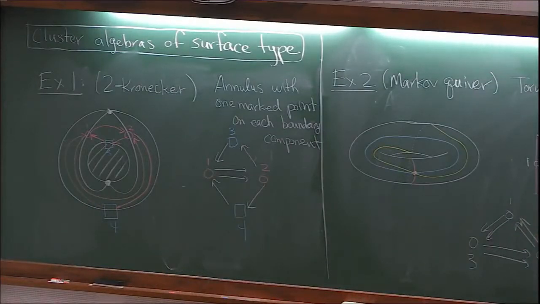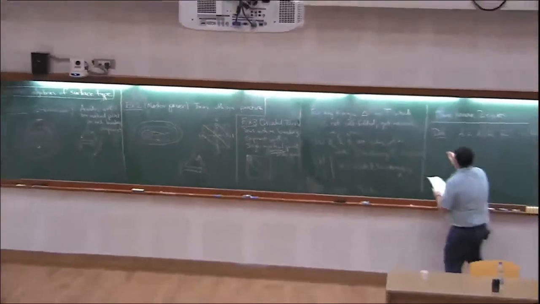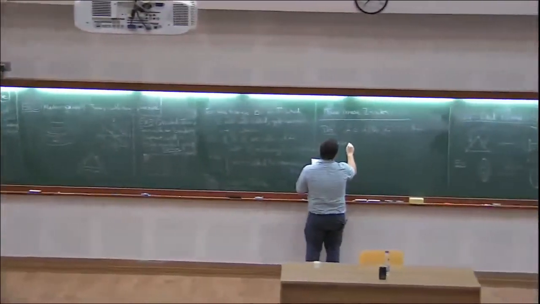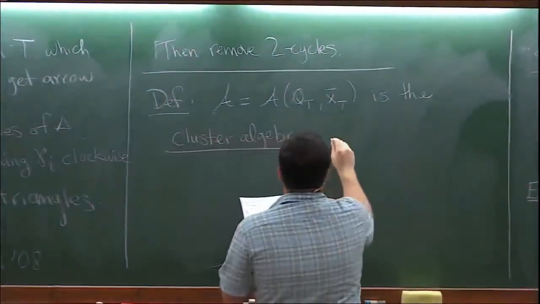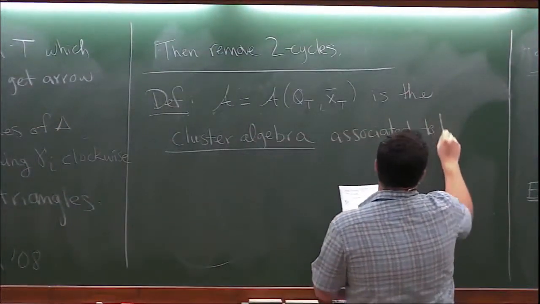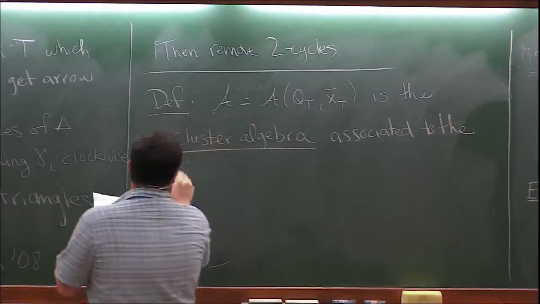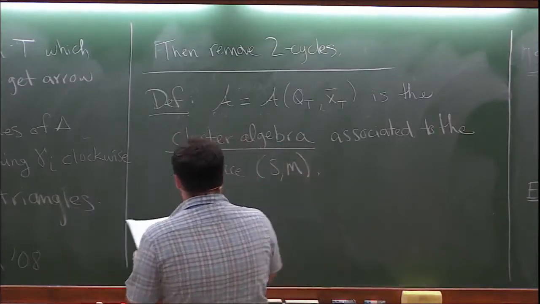If I have a quiver from a triangulation with some x1 through xn on those arcs, this is called the cluster algebra associated to my surface. And that cluster algebra would be called of surface type, for the marked surface Sm.